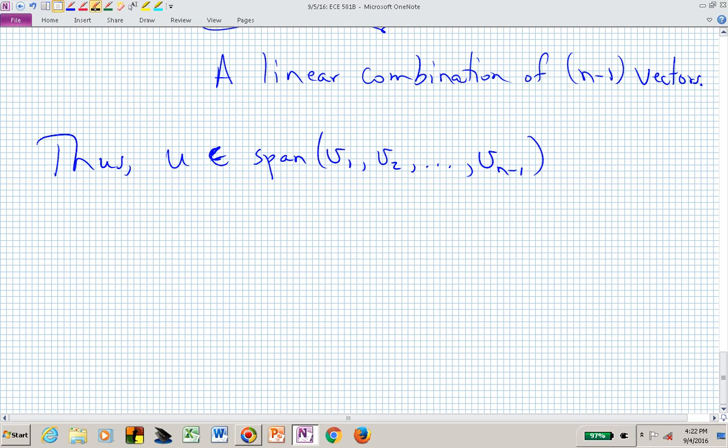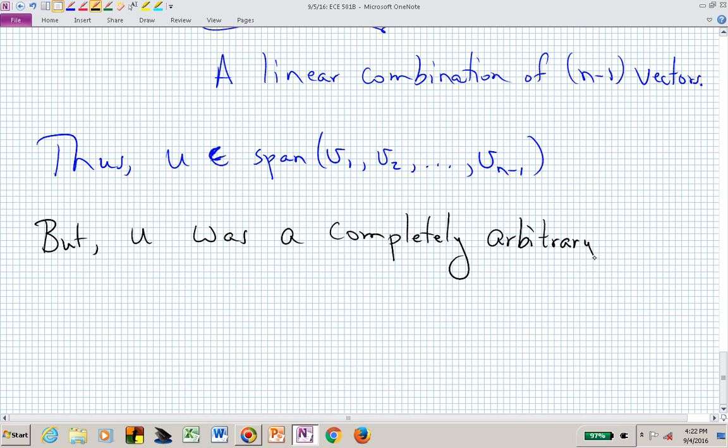And remember what we were starting with. We arbitrarily picked u. We didn't say it was a particular value. We just said, let's just pick a u that's some linear combination of v1 through v sub n. U was a completely arbitrary vector or element in this proof.